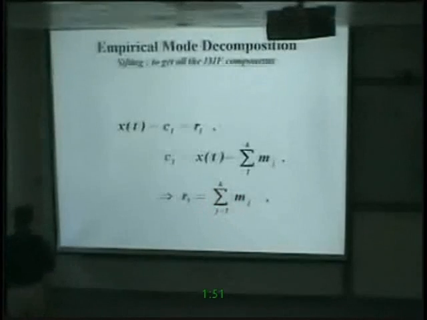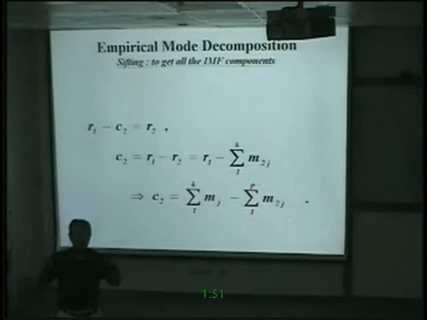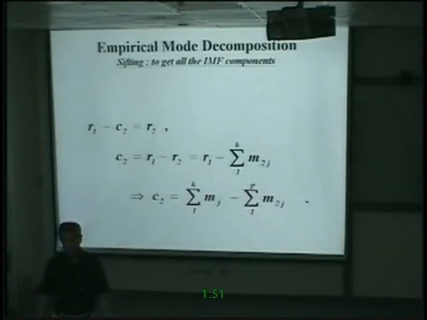Not only that, R1 minus C2 equals R2, so C2 equals R1 minus R2, which equals R1 minus the summation of its mean, the second tier mean. So C2 is the first tier mean minus the second tier mean. In other words, from now on, all the R's are spline functions. We are now getting away from the data. We're dealing with spline.